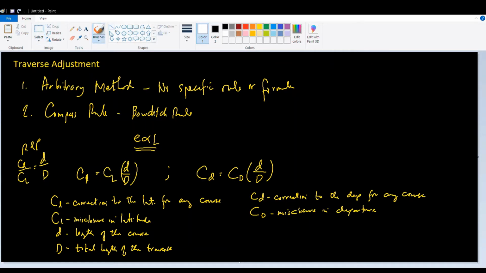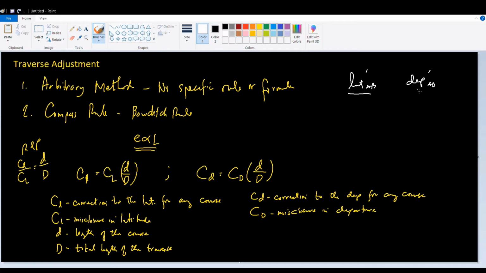Now, after adjusting, we shall refer to the adjusted latitude as lat prime of, say, line AB, and the adjusted departure as dep prime of the line, say, AB.